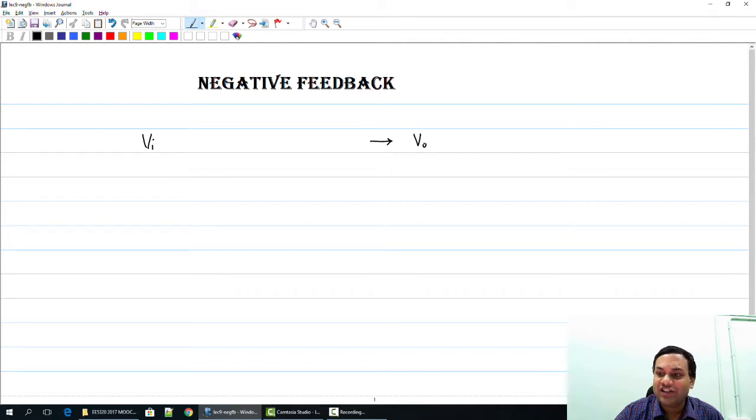In the case of electrical engineering, we are trying to build amplifiers. So we will assume that you are trying to build a negative feedback amplifier where VO is some K times VI, and of course because it's an amplifier, K is greater than 1.